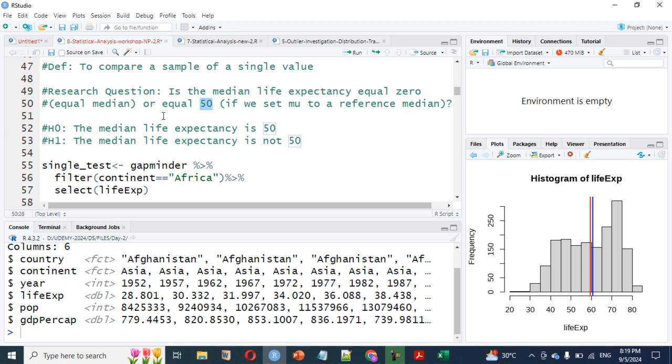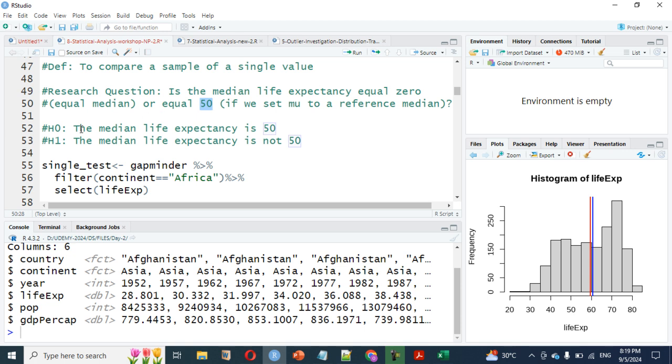We already have a reference mean which had been proposed by somebody, or which we have assumed to have known, that we have a reference mean of 50. You want to know, is this reference 50 equal to the median of the life expectancy we are looking at? So we have to set that here.